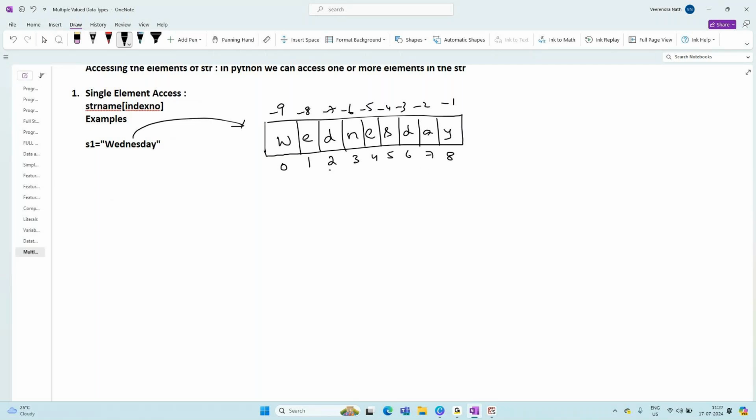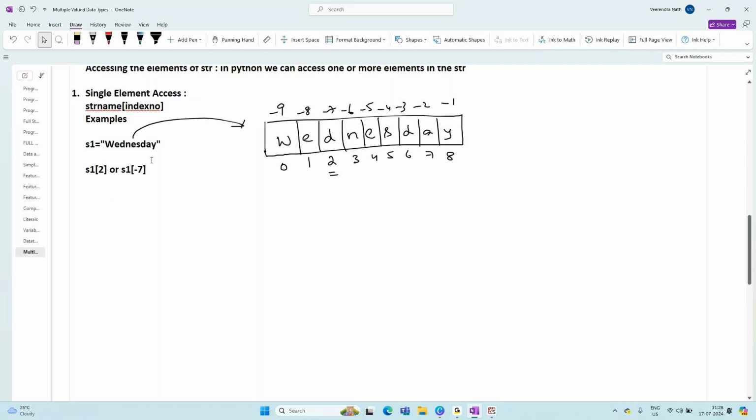Now get this D. There are two ways, right? Positive index, negative index. So I can say S1 of 2 or S1 of minus 7. That's it.